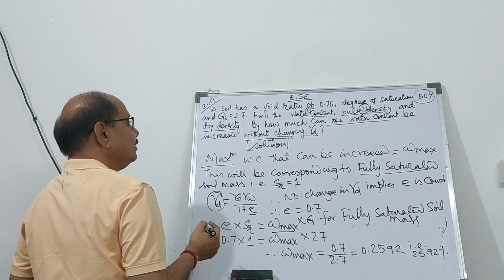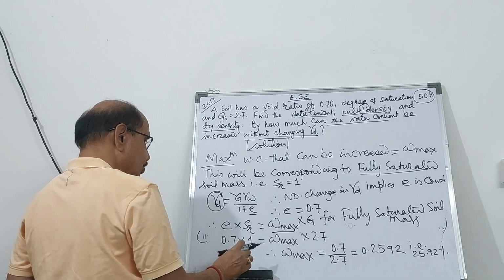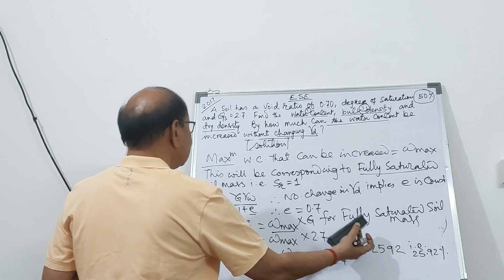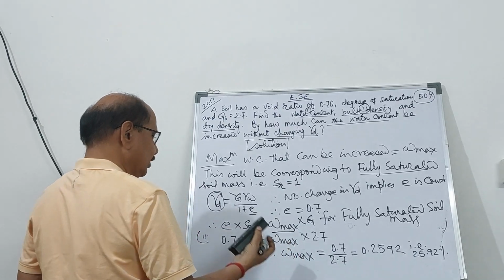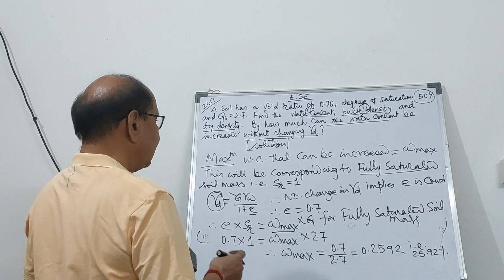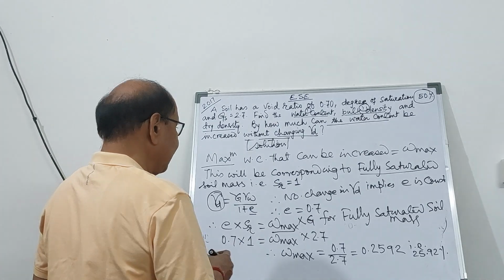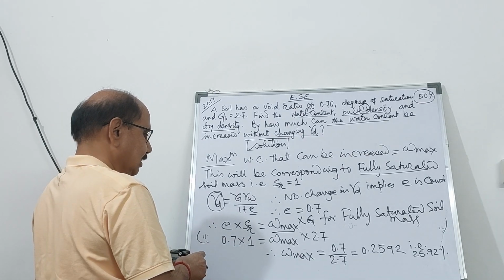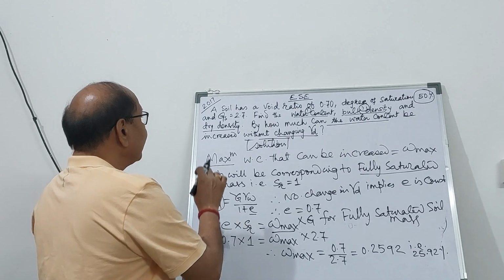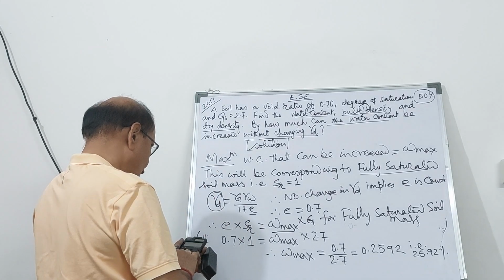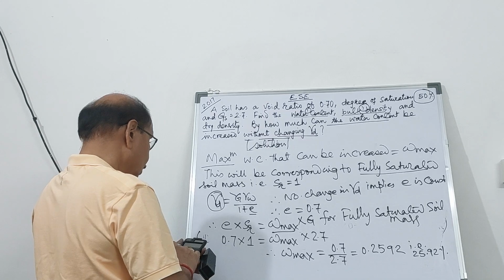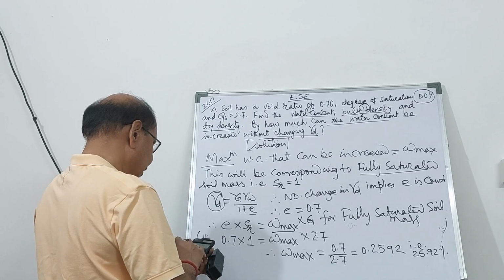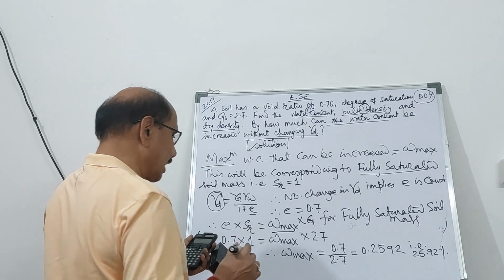So by how much is the water content to be increased? The maximum water content that can be increased is going to be the difference of this and the moisture content which we have already calculated, which is 12 point something. What was it? e into Sr, so 0.7 into 50%, 0.5, divided by 2.7 gives you 12.96.